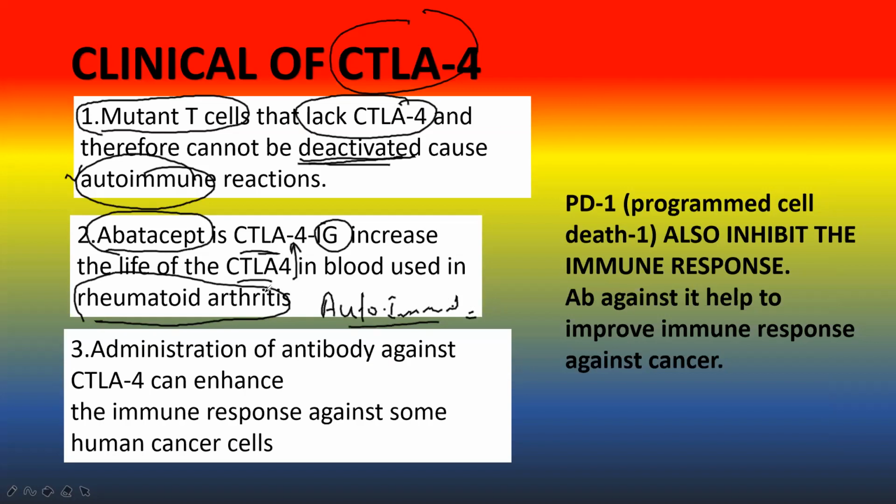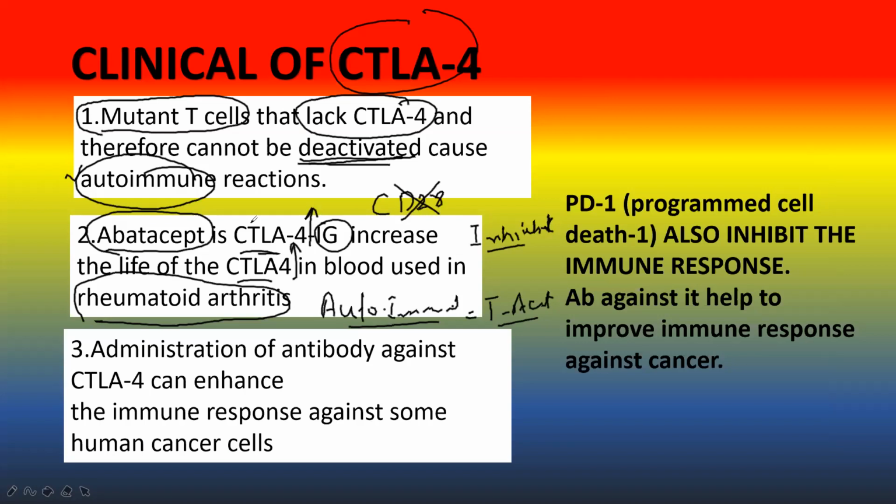In rheumatoid arthritis, the T cell is too active. What do you need here? I need to inhibit the T cell. Clear? So what does this drug do? This drug increases CTLA4. So when you increase CTLA4, there is no chance for CD28 to bind with B7.